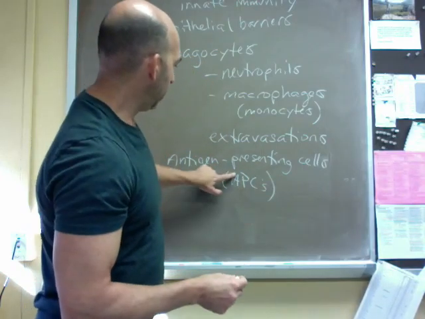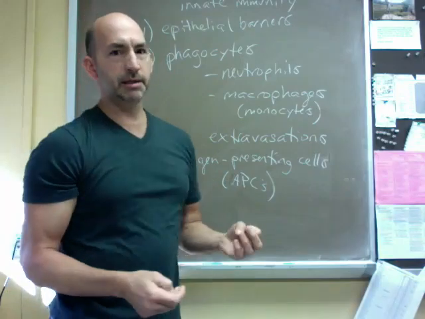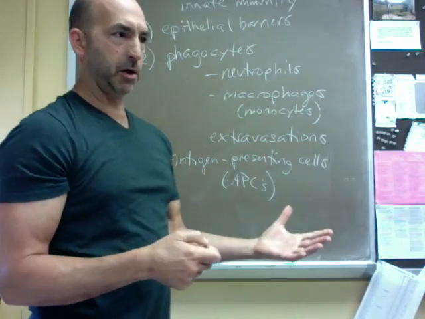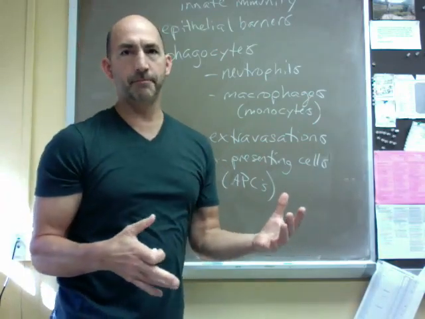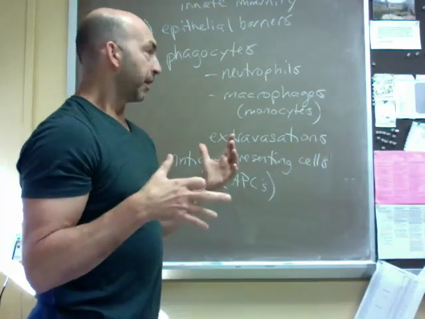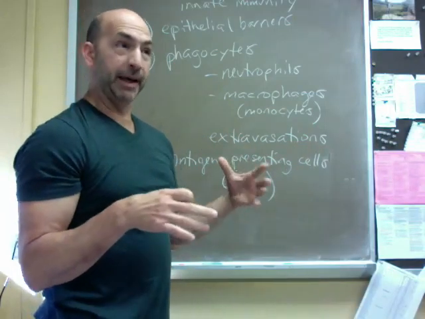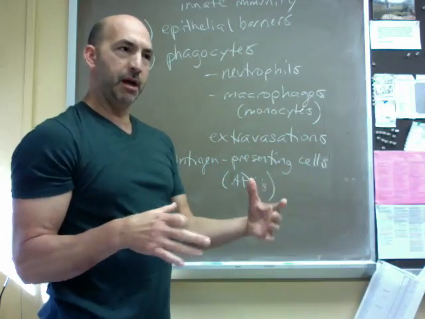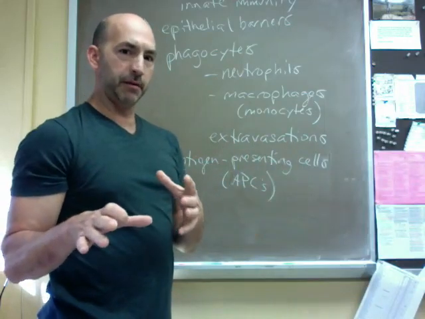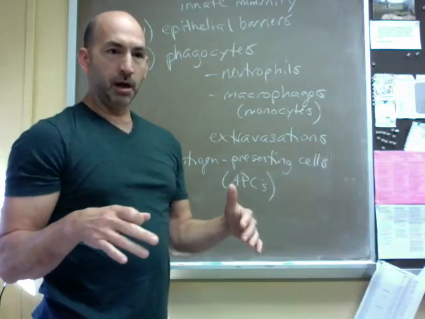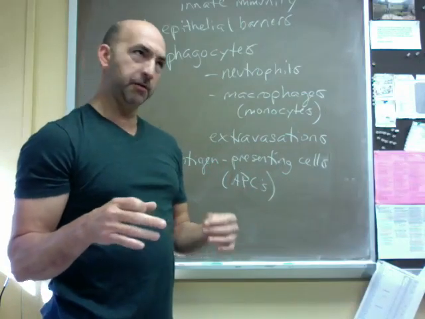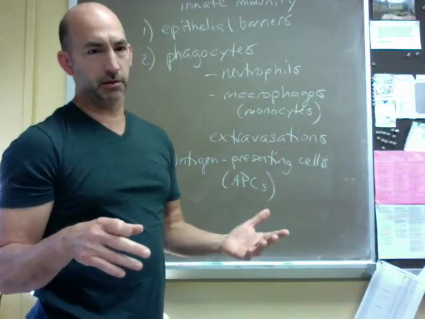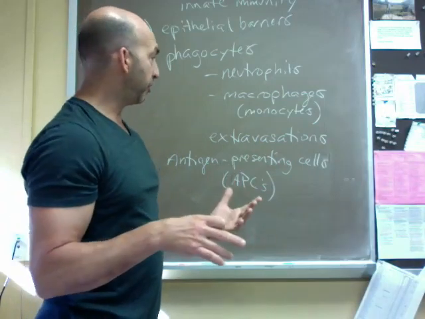So what that means is that they not only phagocytose these foreign bodies and kill them, and get rid of them, but they also digest them, take samples of them, and then show them on the surface of their membrane using MHC proteins. And they use what's called MHC class 2, an MHC2 protein, to do that.